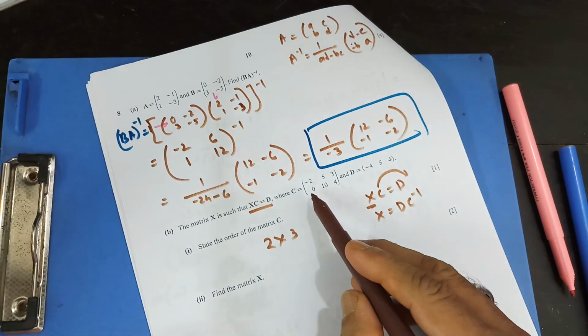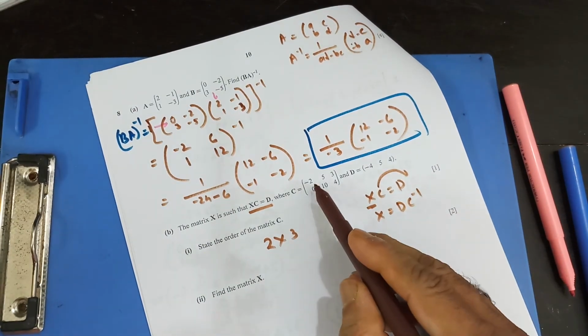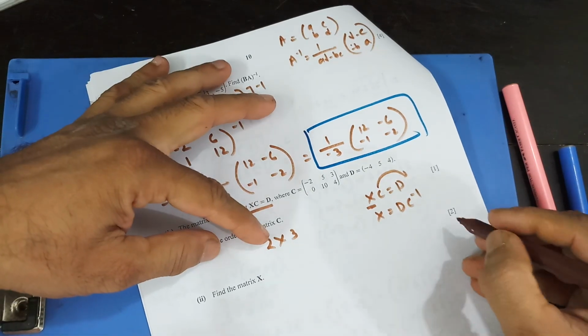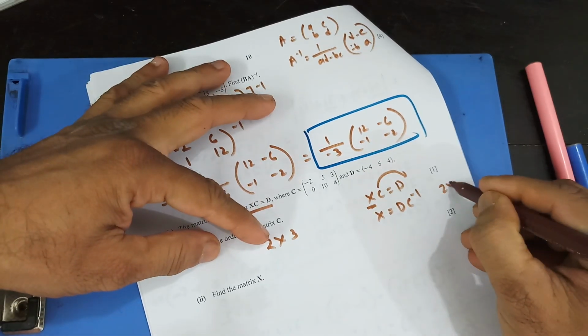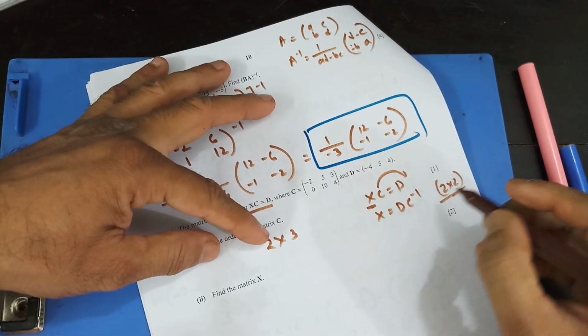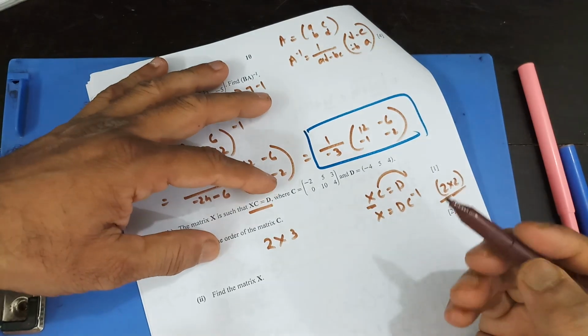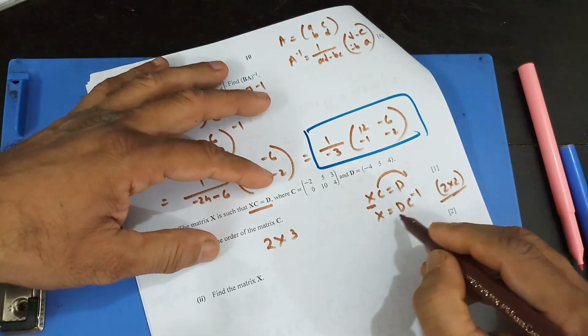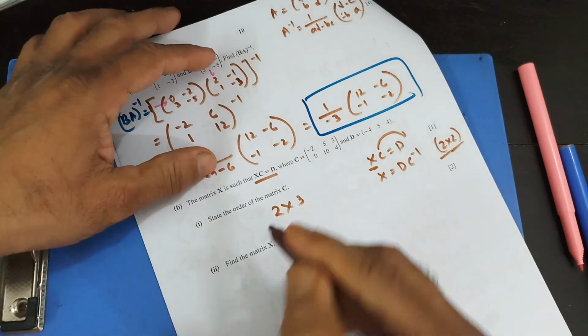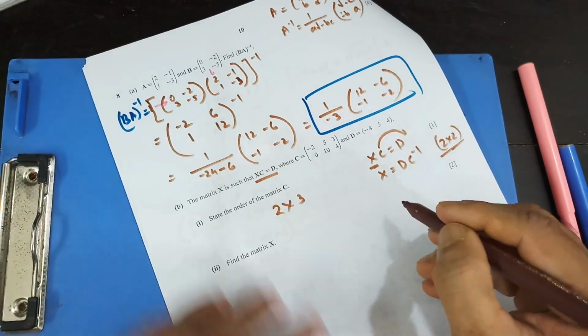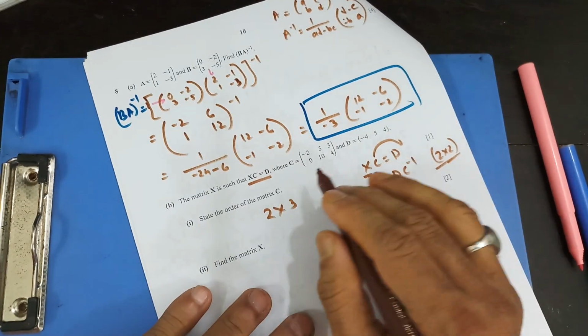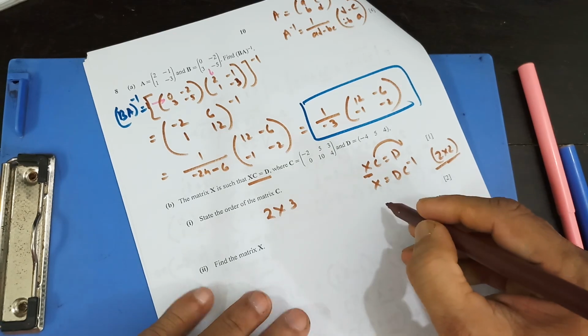Now the problem is C is a 2 by 3 matrix. In your O-level exams, we only do inverses of 2 by 2 matrices, not 2 by 3 matrices, so this is out of the question. So what can we do? We need to do one thing. When multiplication is possible, this happens.